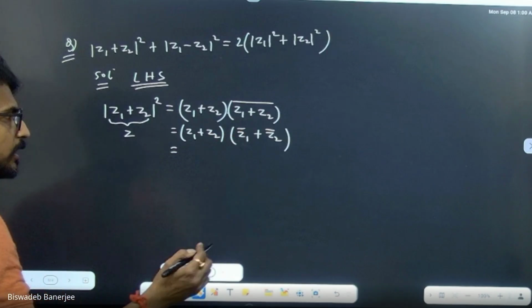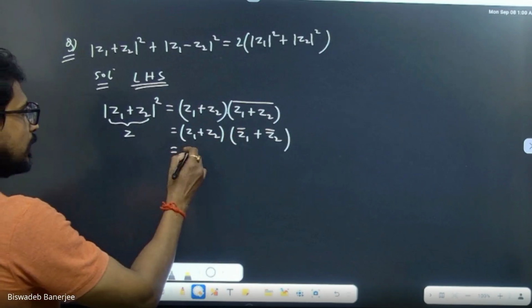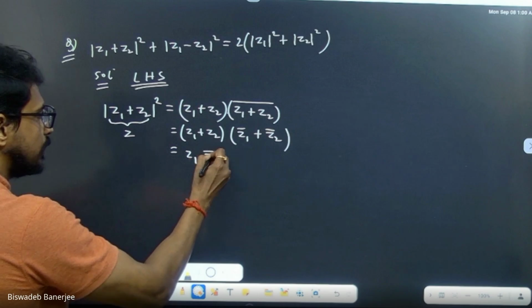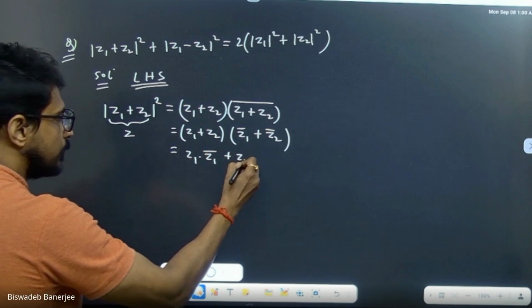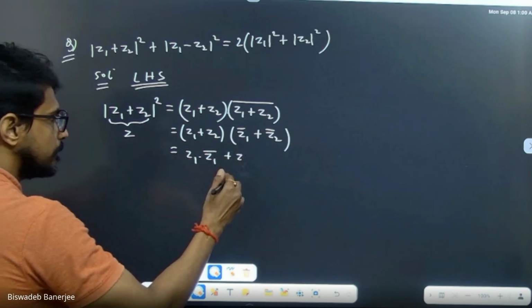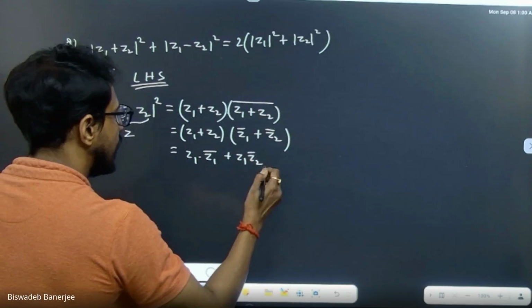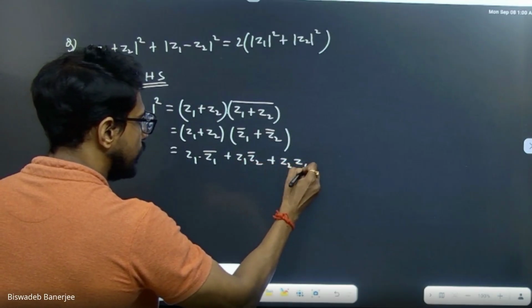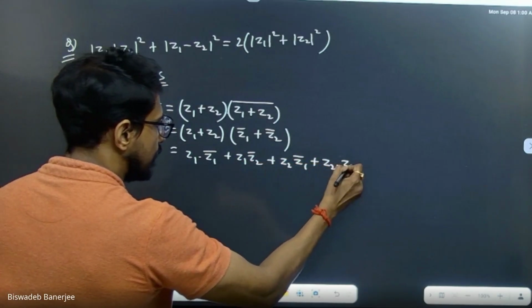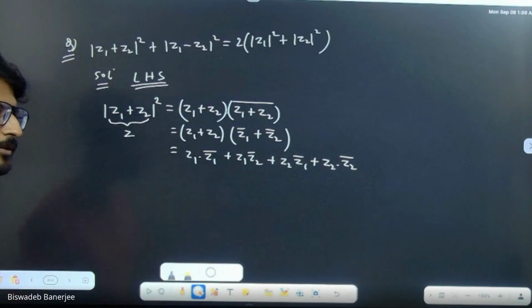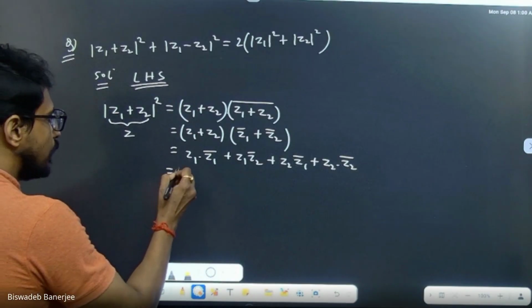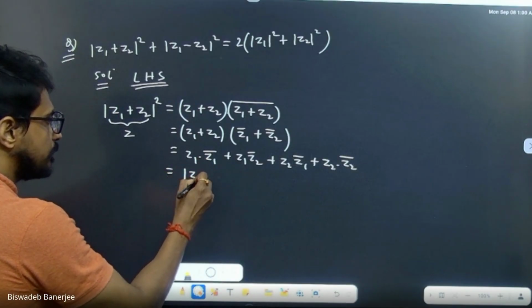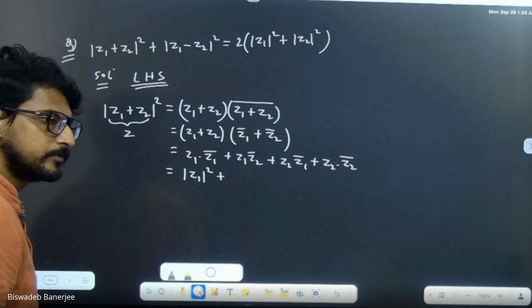So now multiply them. It is Z1 into Z1 bar plus Z1 into Z2 bar plus Z2 into Z1 bar plus Z2 into Z2 bar. Now Z1 into Z1 bar is my mod Z1 whole square.